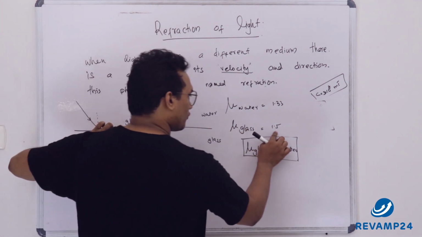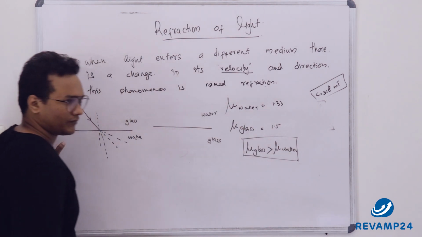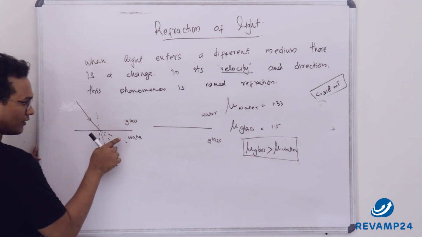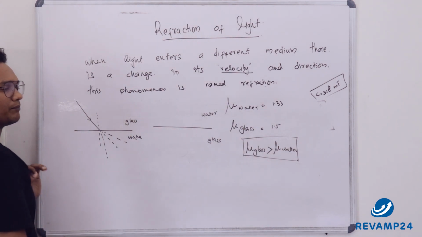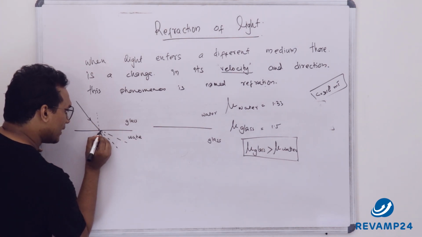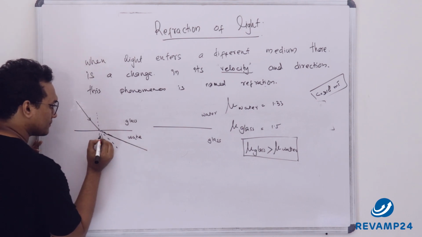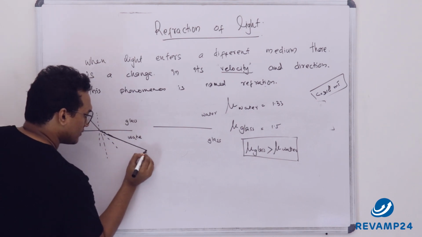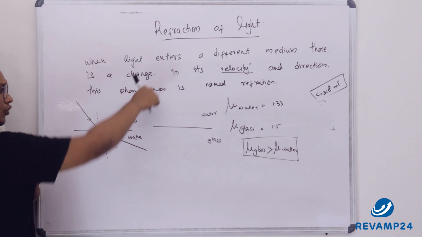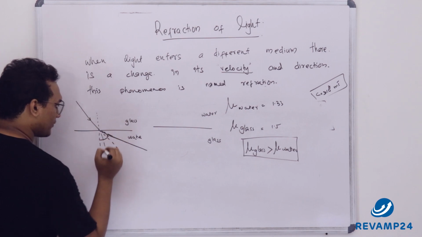Glass has got 1.5 and water has got 1.33. So the refractive index of water is less as compared to glass. So what I can say is that it has got less bending power, or it would move in this direction, away from the normal.